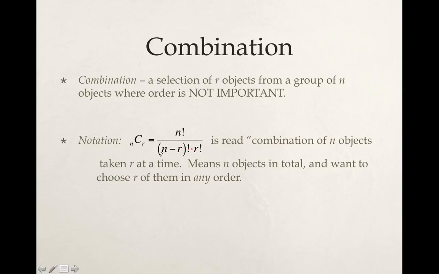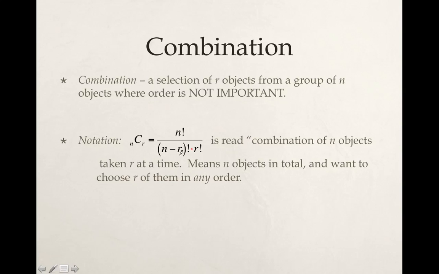If we divide by more, we're going to get fewer as a result. So that might be a way that you can remember that combinations, where order does not matter, should have fewer possibilities and therefore need to be divided by more. So it needs to have the r factorial as well as the n minus r factorial.